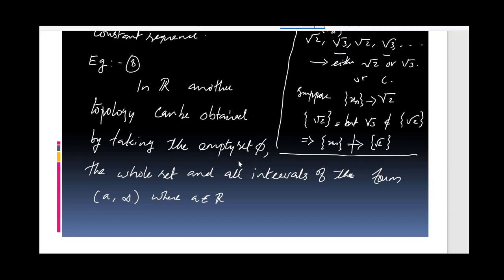This topology is much weaker than the usual topology on R. Now, what about the convergence of sequences?